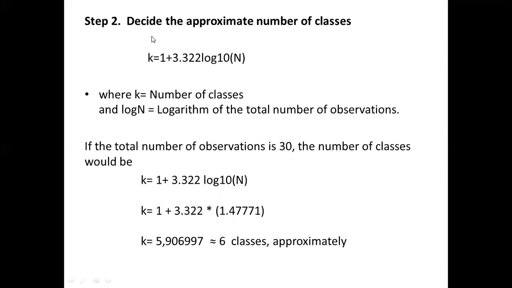It's this formula: K = 1 + 3.322 log n, where K is the number of classes and log n is the logarithm of the total number of observations. If the total number of observations is 30, and we calculate using this formula, the number of classes would be 6 approximately.